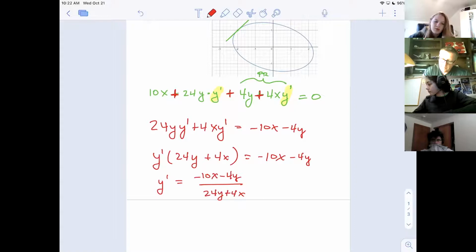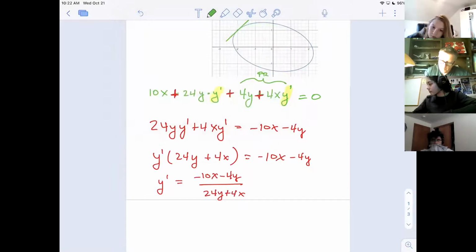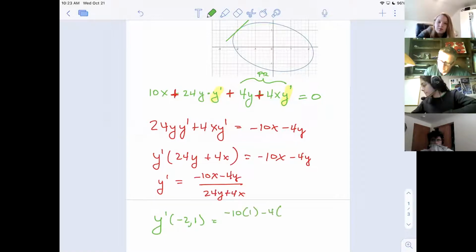But now let's go figure out and check it as compared to the graph. Let's figure out what y prime at (-2, 1) is. So let's see, that would be -10 times 1 minus 4 times, oops, I'm already screwing up. That's why you need to write stuff down on a test, because if you put 1 there, I'd be teasing you, like, what are you doing? X is -2.